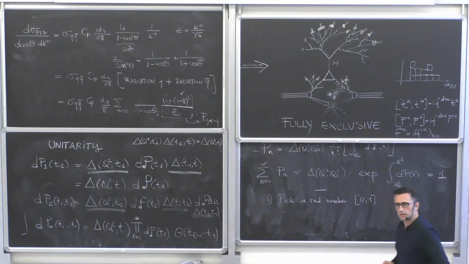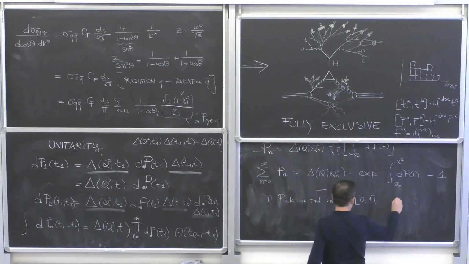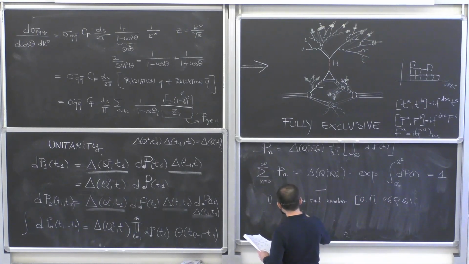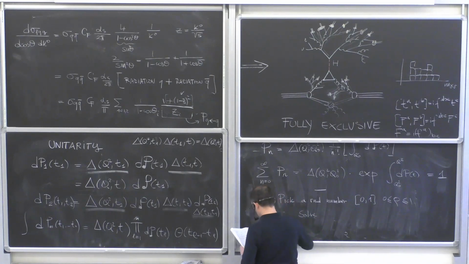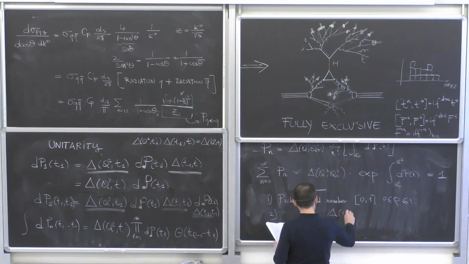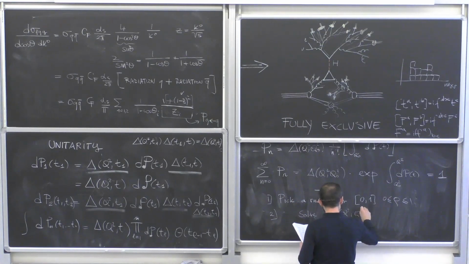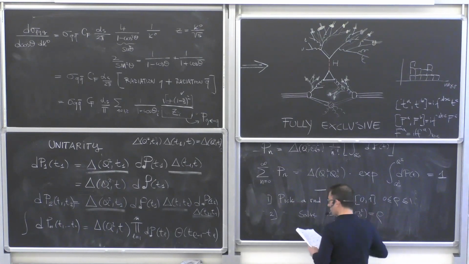You pick a random number between 0 and 1, and you call it rho. And then you solve delta q square, q0 square, equal to rho.